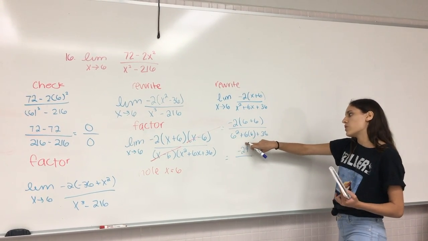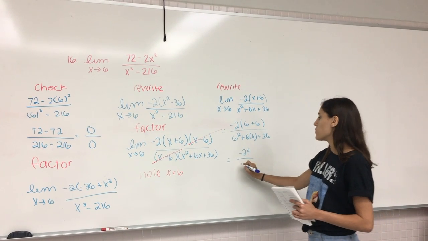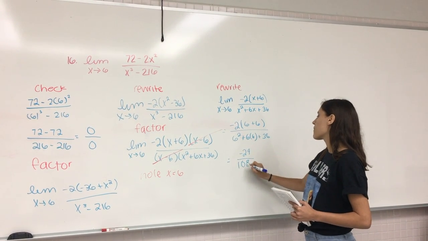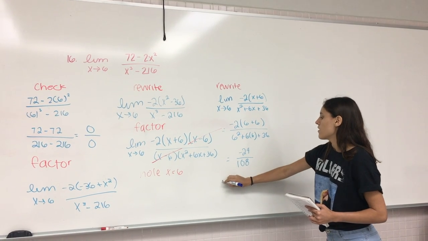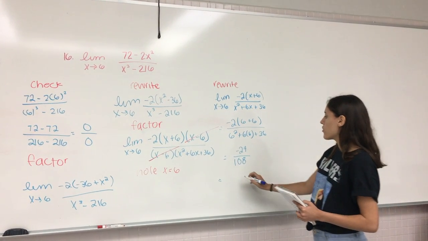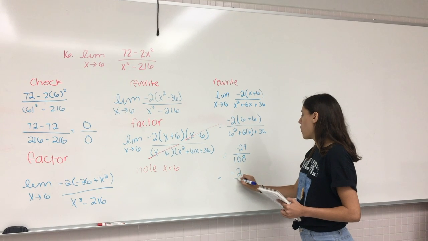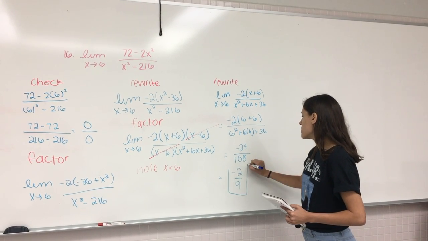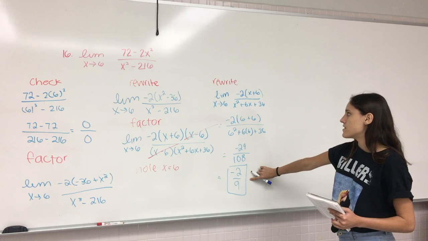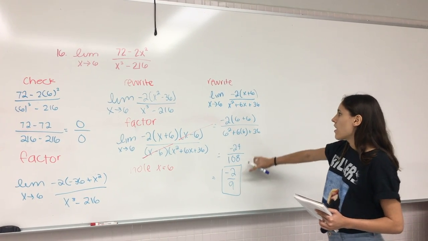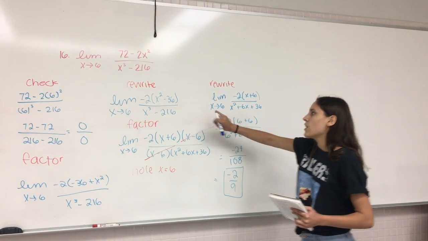So 36 plus 36 plus 36 will give you 108. This, by simplifying, you get -2 over 9. This means that this is the limit as x approaches 6 of this function.